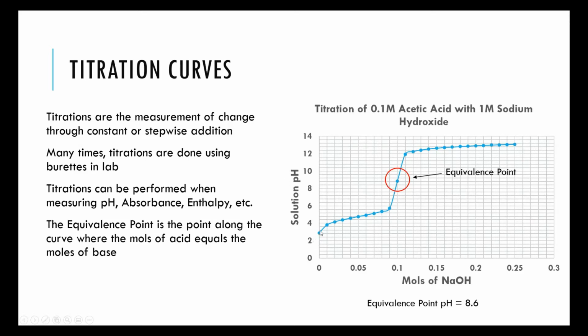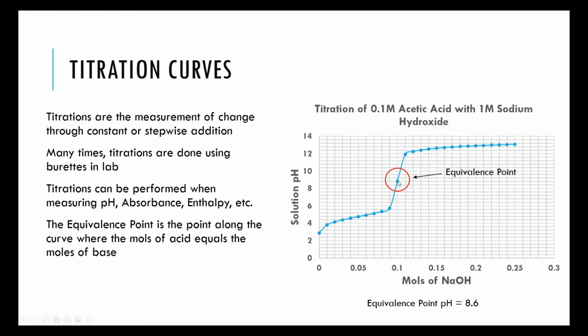And as you're adding more and more base to the acid, the pH will be increasing, because increasing pH means a higher level of alkalinity or a lower acidity level. And it will increase by a certain amount and then jump and then continue on, almost leveling off. It's this jump, the inflection point, right in the middle of this jump, that is the equivalence point.